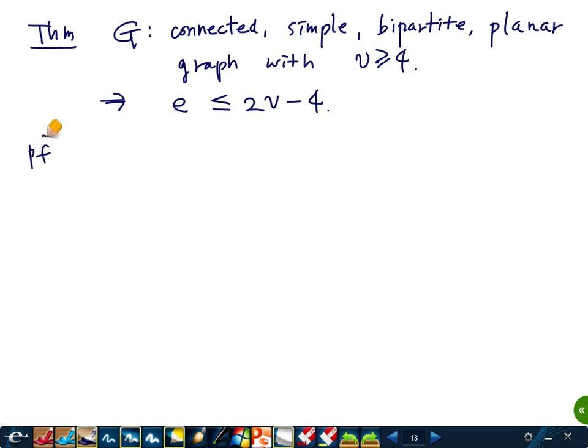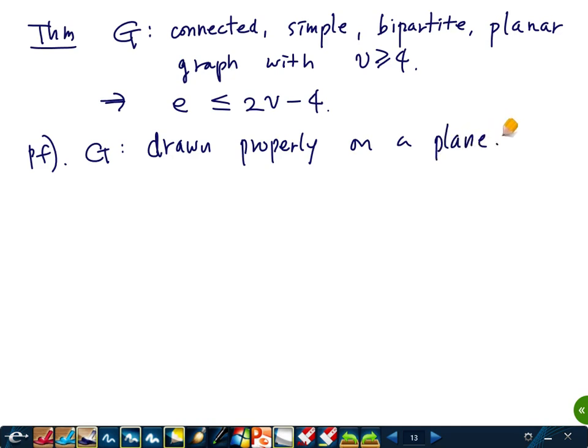Proof. Again, we consider one drawing of this graph, because it's a planar graph.